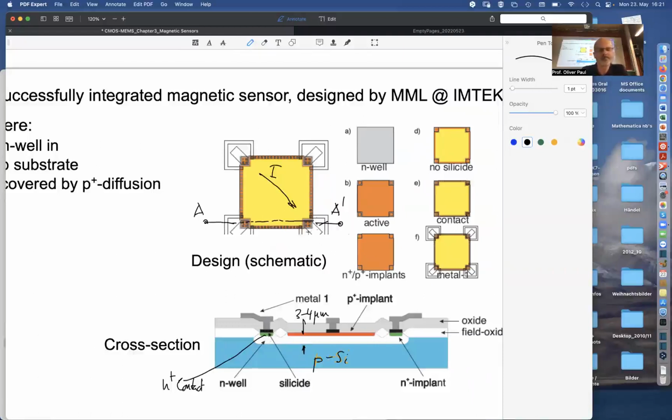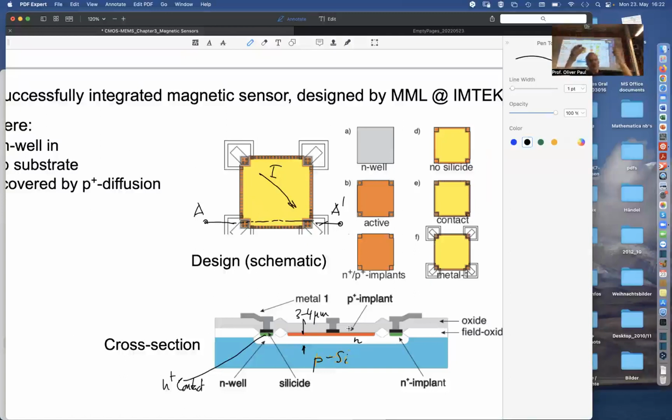And then what else do we have here? We have a central region that is covered by a P+ implant. So we have P, we have N, and then we have P+. So the N region is squeezed between P substrate and P+ top layer.